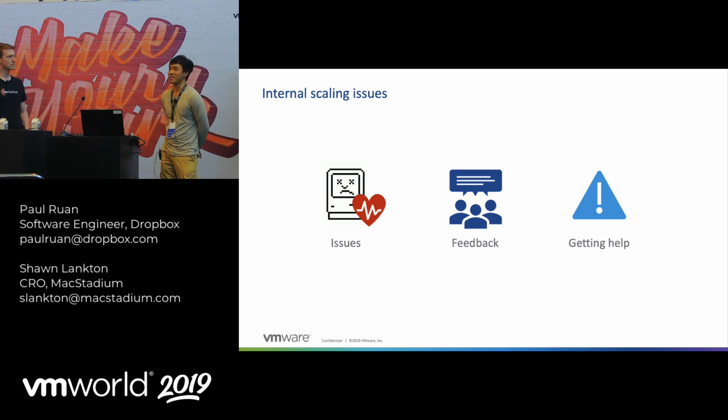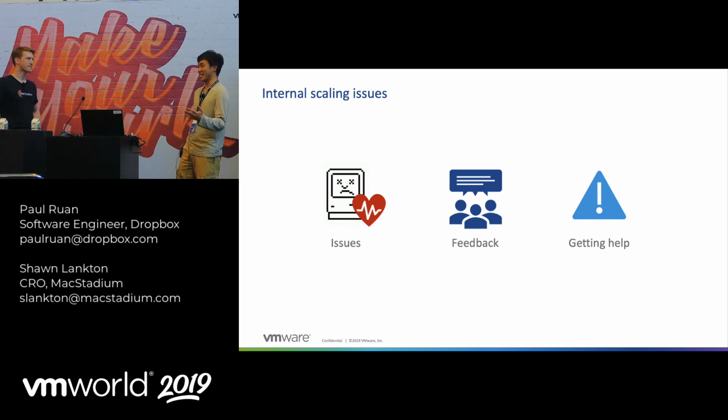If you think about the entire system, it's not actually one team that's managing all of this. We have a team working on CI, a team working on managing vCenter, and a team working on the Mac hardware in the data center. As we scale up, we found that we were stepping more on each other's toes, especially when there are problems like ESXi crashing on Macs all the time.